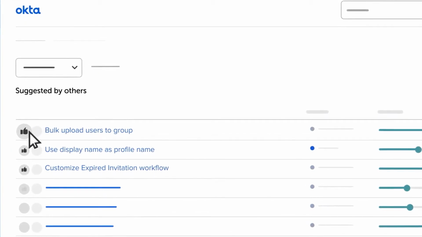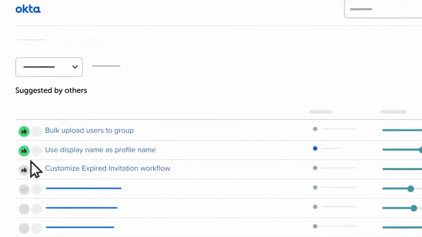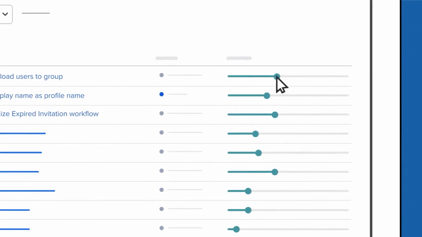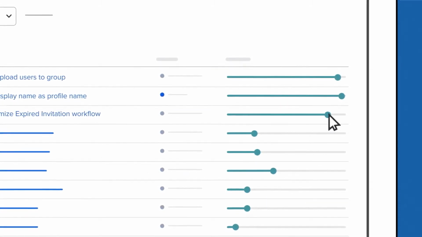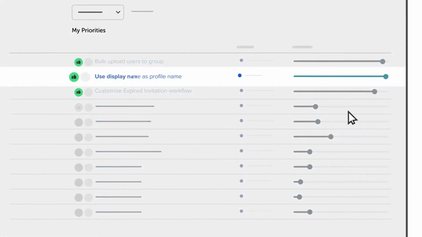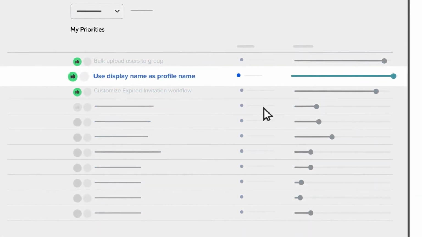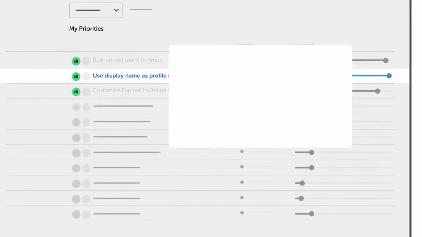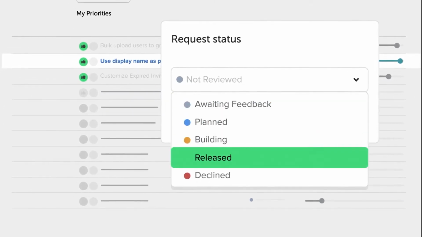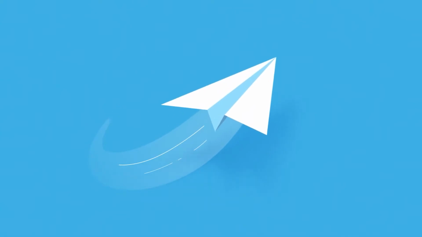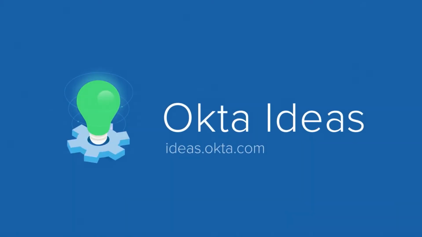You can browse all of these ideas and vote for the ones that matter the most to you. As an Okta customer, you can also prioritize the ideas you've submitted as well as the ones you voted on. The more votes an idea earns, the better chance it has of being reviewed by Okta's product team. Once you've submitted or subscribed to an idea, we'll keep you in the loop as it makes its way through our product roadmap. Visit Okta Ideas to start sharing your ideas today.